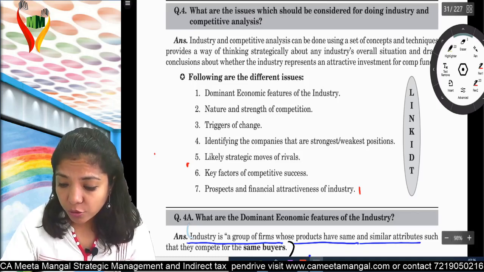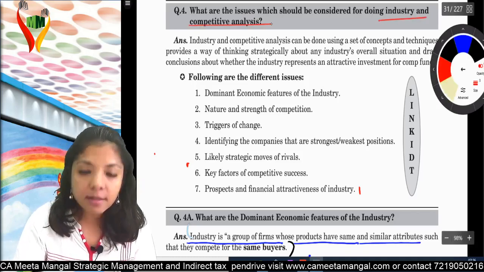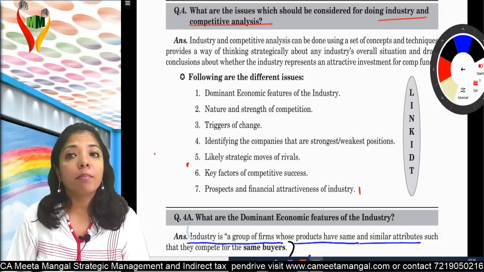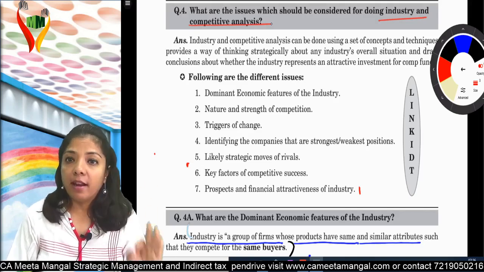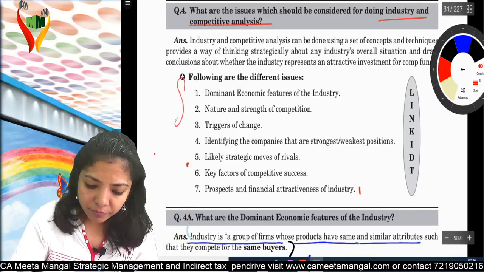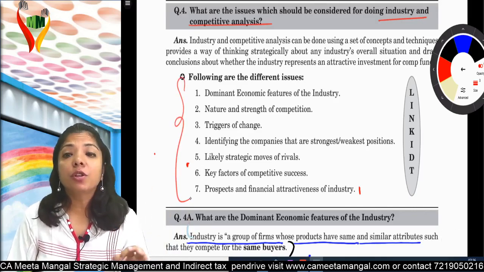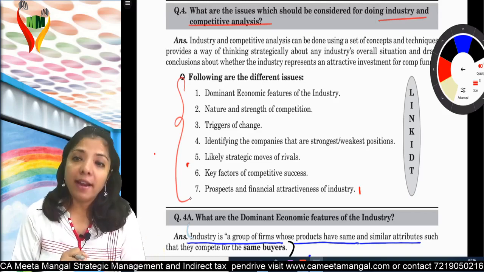In that you need to know the industry and competitive analysis. And when I say industry and competitive analysis, these are the 7 issues which you need to consider while doing it.